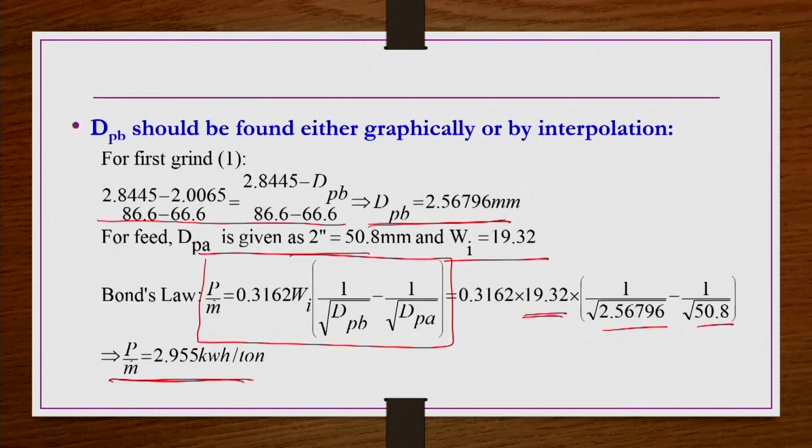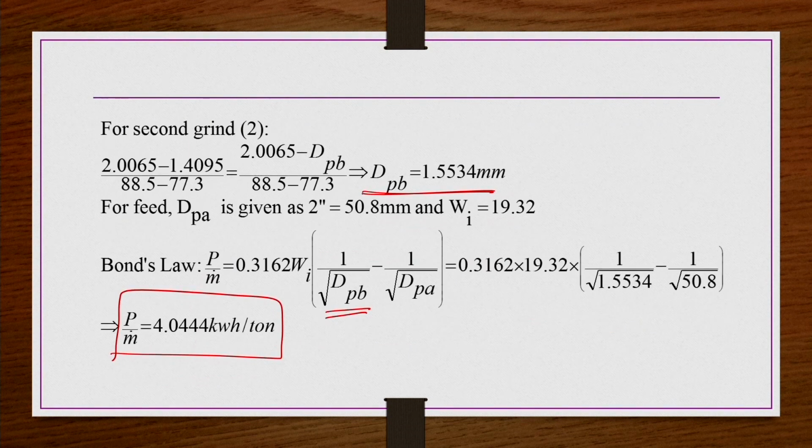So, in the first grind, the power requirement is less, close to 3 kilowatt hour per ton, whereas in the second case, by reducing the clearance between the crushing head and the cone, you are getting more fines. In such a case, you need to provide more power, almost 4 kilowatt hour per ton.